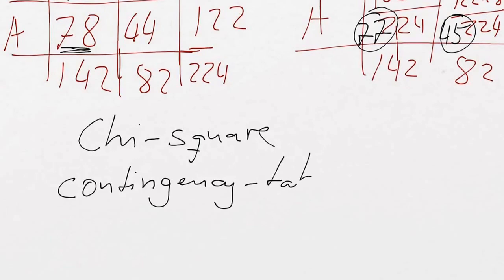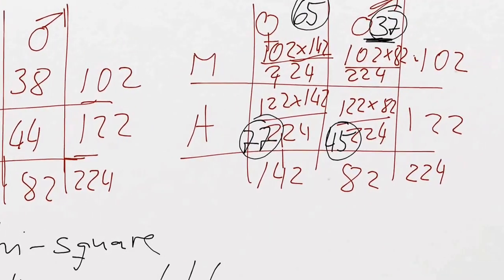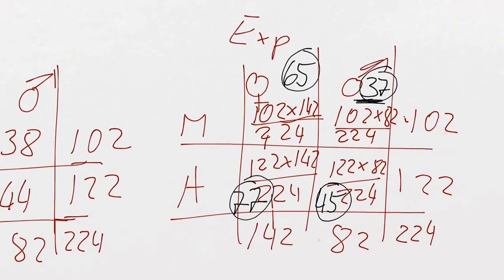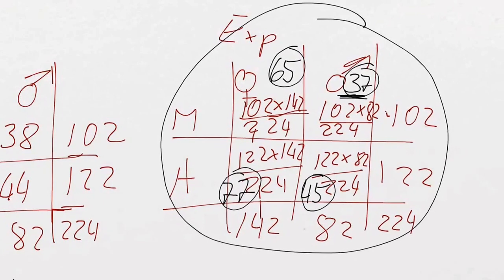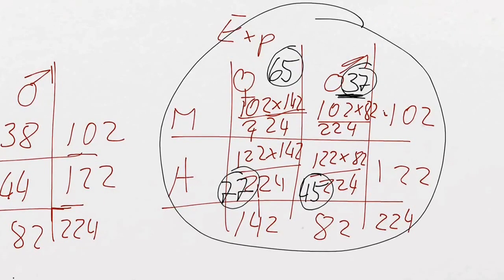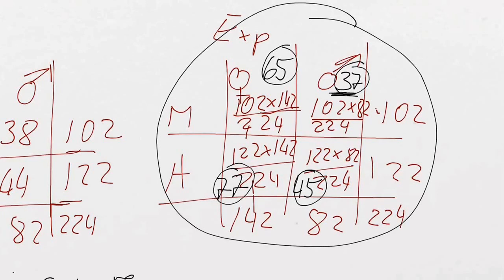A contingency table is really something like that with our expected, because it has 2 rows, and we only count the rows that contain our actual data. We don't count the marginals.